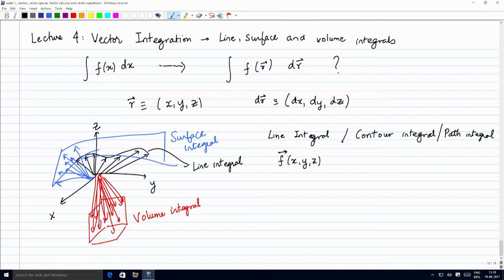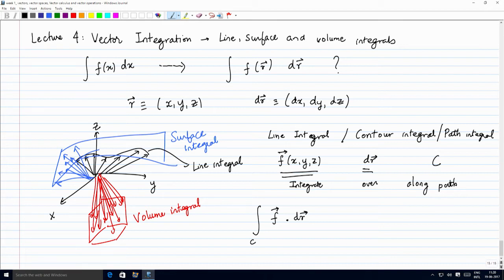So, you want to integrate this function over this variable, and the change of this variable goes along some path c. This is what you are going to do, and the line integral is defined in the following way. You can define the line integral as f dot dr along path c.